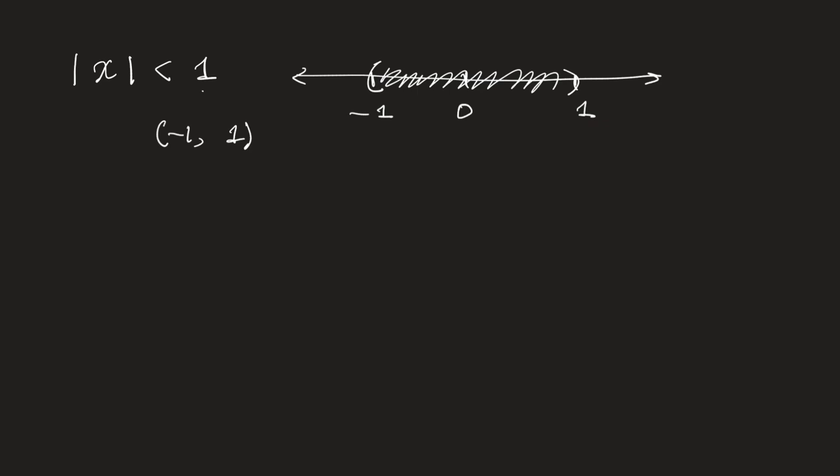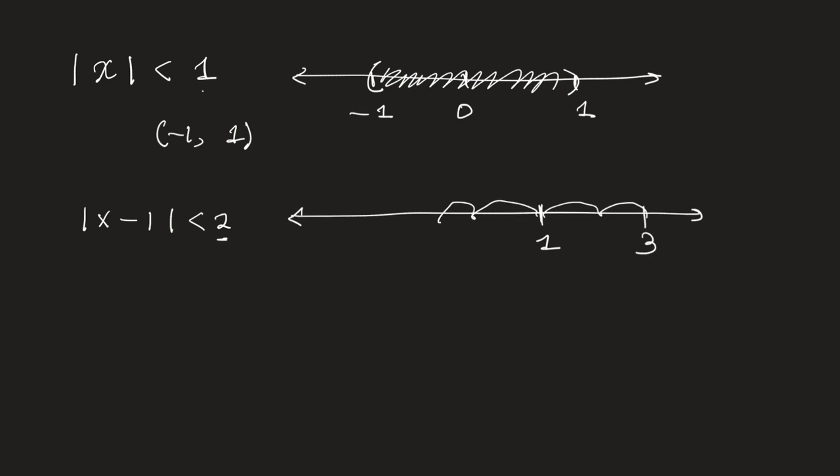Let's have another example, guys. Absolute value of x minus 1 is less than 2. First, the center is 1, and the distance is 2, giving 3 and -1. X minus 1 means the distance from 1 should be less than 2.